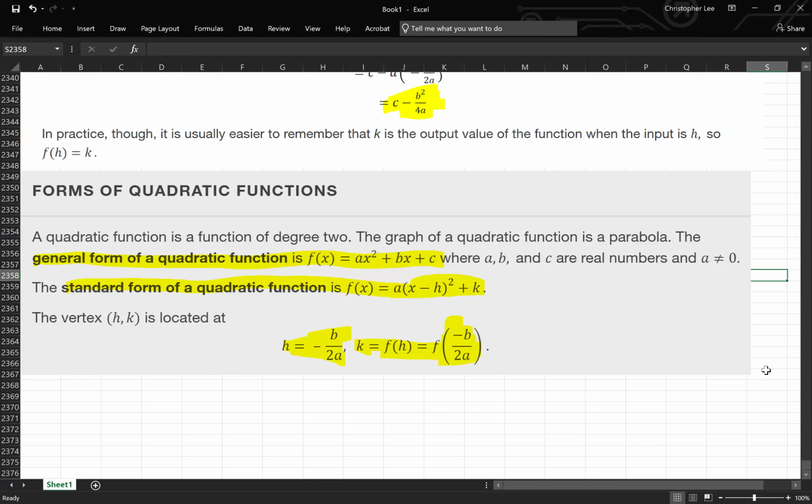The standard form of the quadratic function is f of x is equal to a times (x minus h) squared plus k. The vertex, h comma k, is located at h is equal to negative b over 2a, and k is equal to f of h, which is equal to f of negative b over 2a.